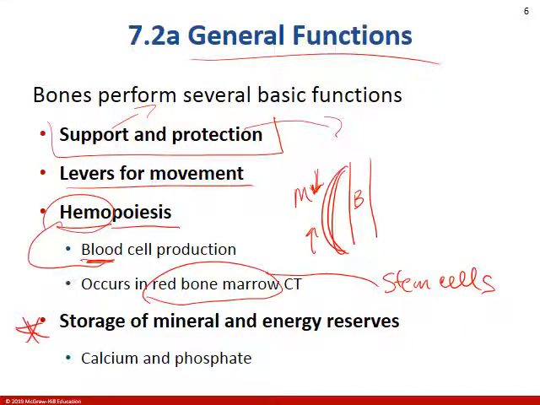This one is probably the one that we haven't heard of that is important. Most people, we know that our bones are made up of calcium, but we don't think of our bones as storing calcium and then releasing calcium as needed. So the bones act as a storage. So we have calcium and phosphate, and if you remember from other lectures, I said calcium is important for all muscle action.